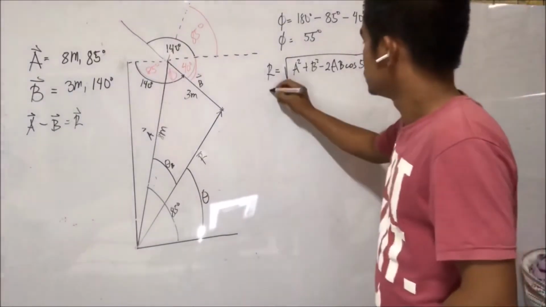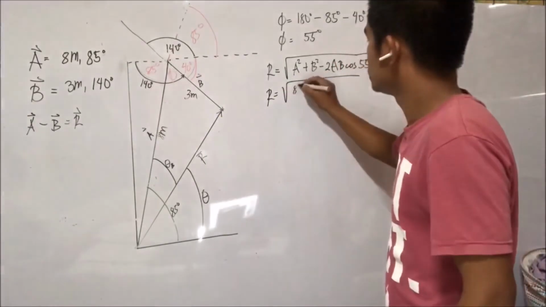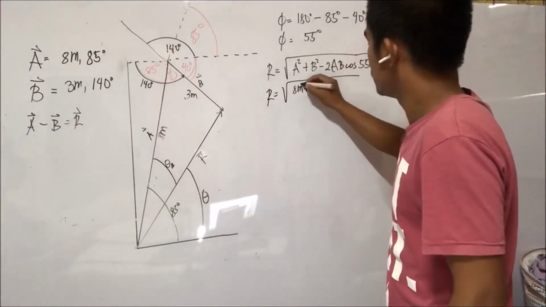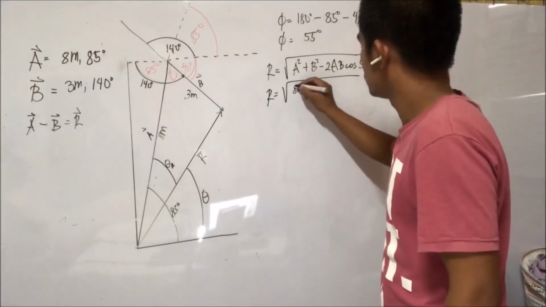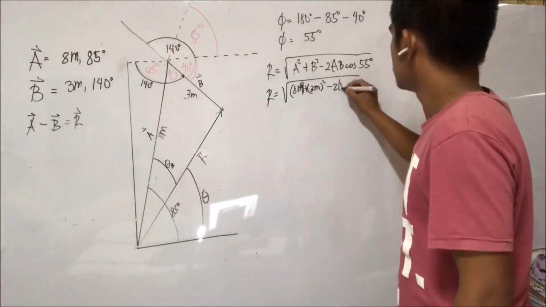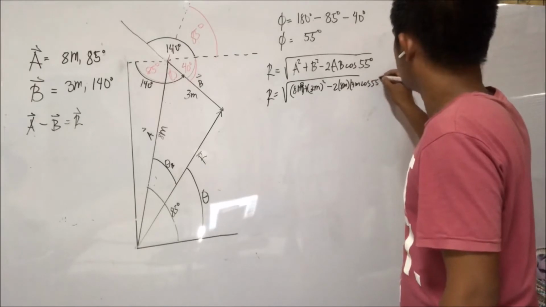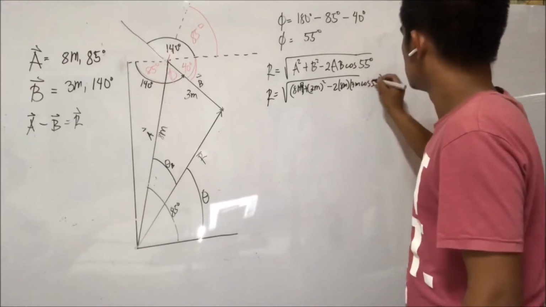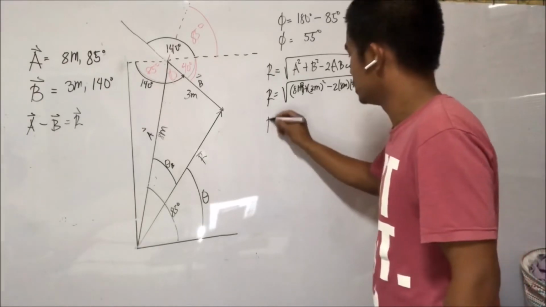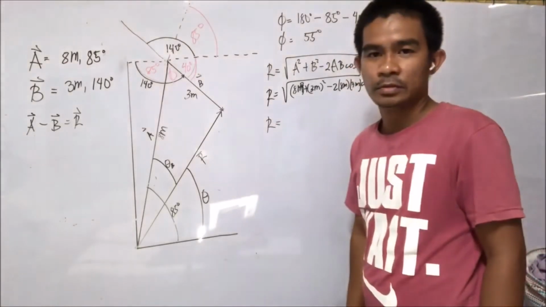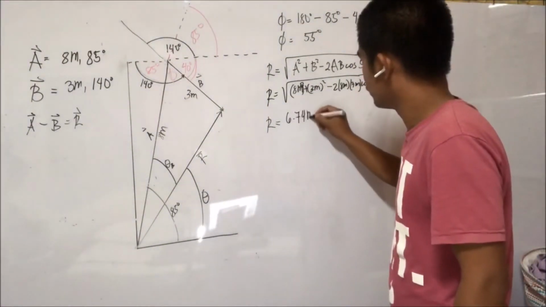Okay, so R equals the square root of 8 meters squared plus 3 meters squared minus 2 times 8 meters times 3 meters cosine of 55 degrees, and that is equal to 6.74 meters.